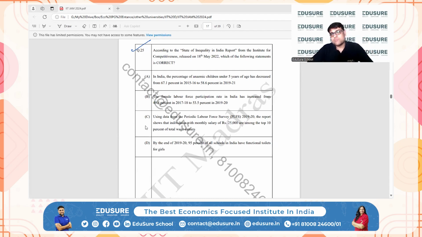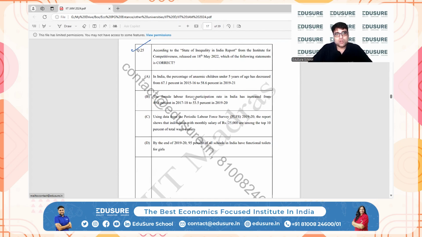So most of these options you can actually delete by looking at it. You don't exactly have to know, but see, 95% of toilet access is too high, right? India has a long way to go in female girl toilet access. Okay, it can't be as high as 95%.